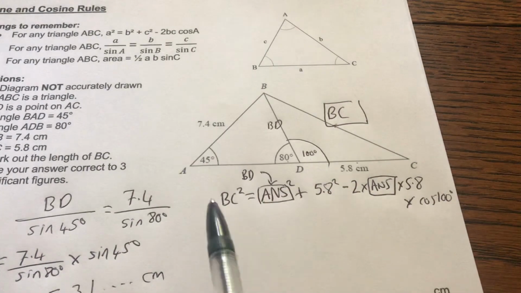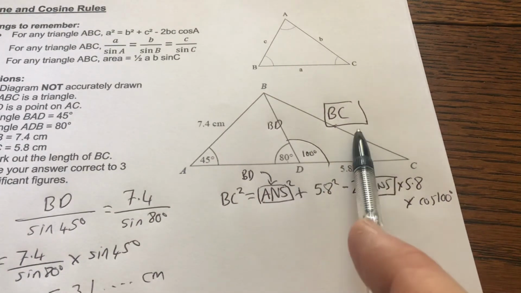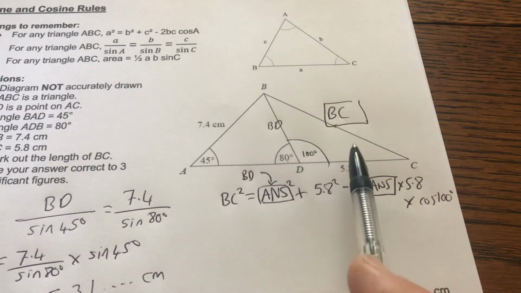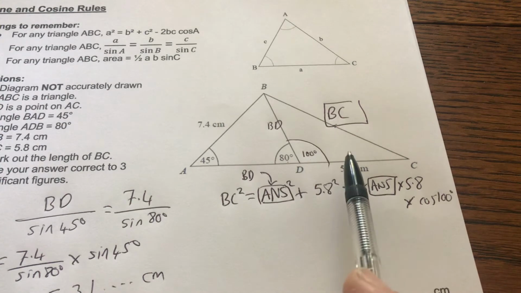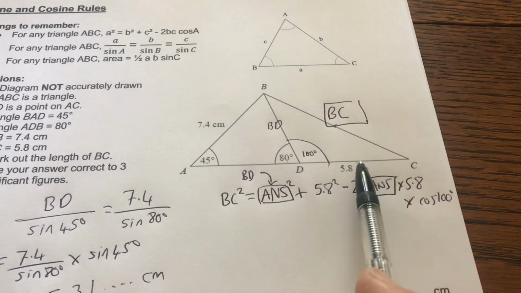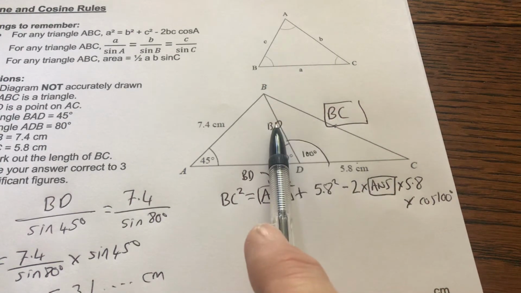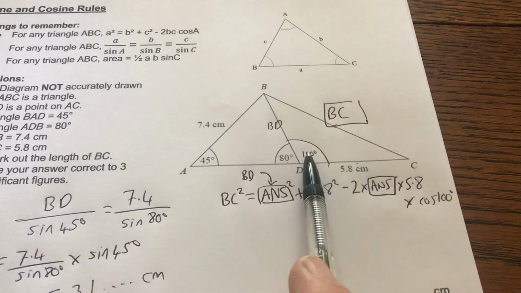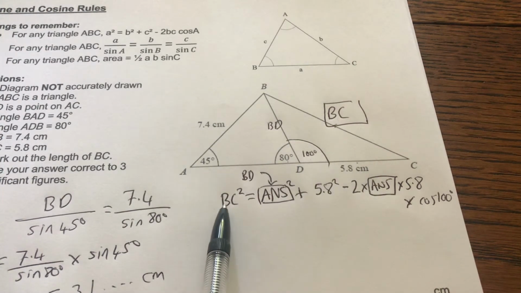So using the cosine rule, this side squared is your BD squared plus 5.8 squared, minus 2 times BD times 5.8 cosine 100. There it is, look, BC squared.